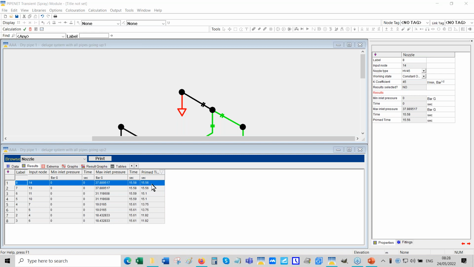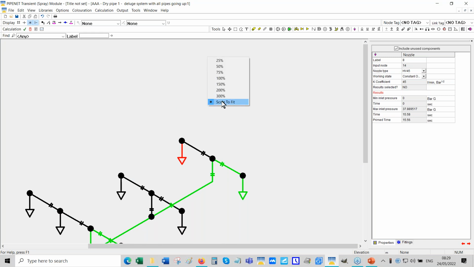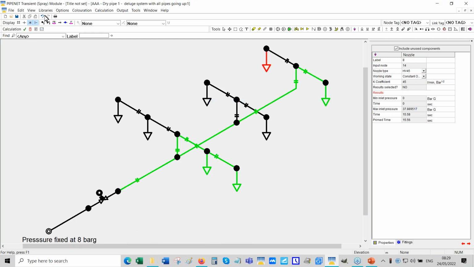So this takes 10.56 seconds for the system to start discharging. So that's the discharge time. So it's an ideal way to calculate the discharge time. Let's look at it graphically now.